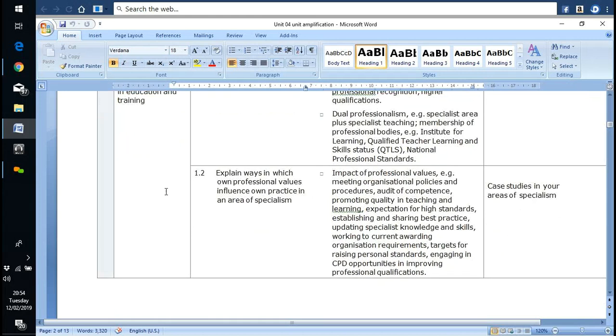The next one is to explain ways in which your own professional values influence the impact of professional values: meeting organisational policies, procedures, audits of competence, promoting quality in teaching and learning, expectation for high standards, sharing best practice, updating specialist knowledge and skills. Even now, we've got a new awarding body. Well, not new, it's an old awarding body, but we've become a centre for Pearson recently.